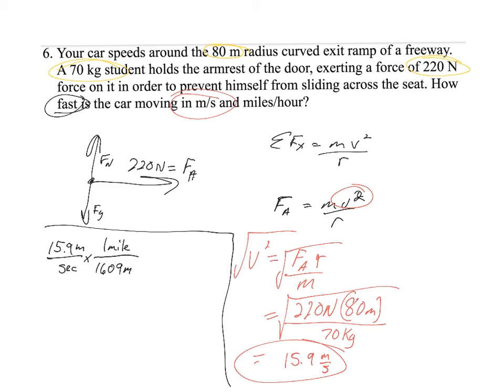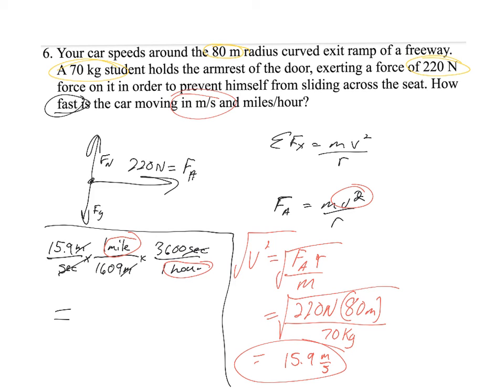And remember, this is seconds. And there's 3,600 seconds in 1 hour. So seconds is bye-bye, and meters is bye-bye. So now I have miles per hour.